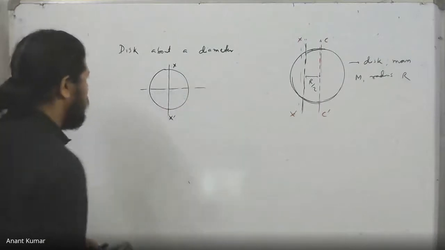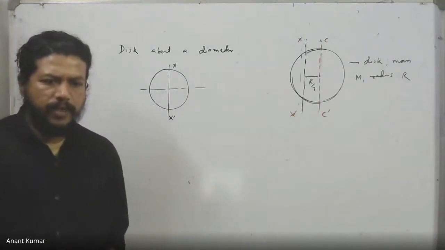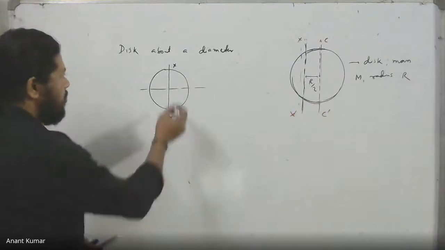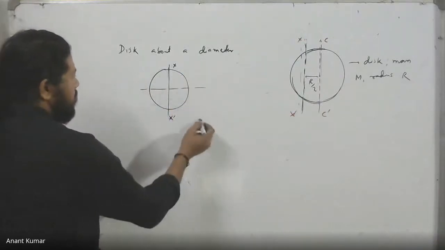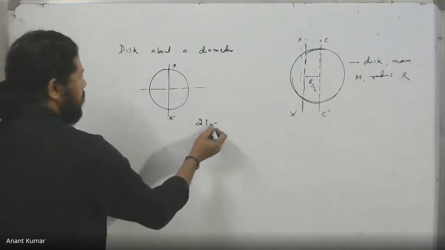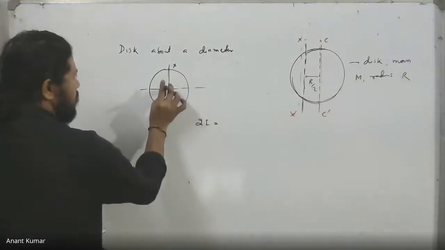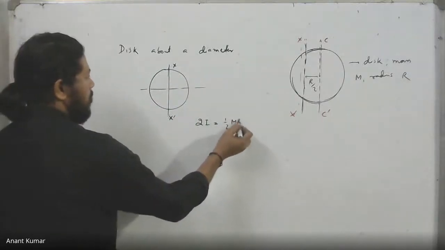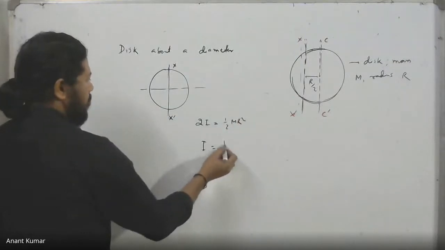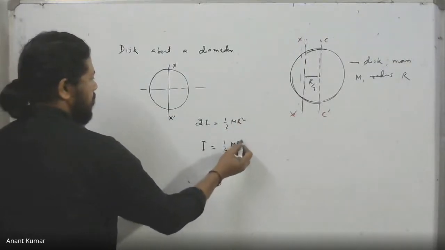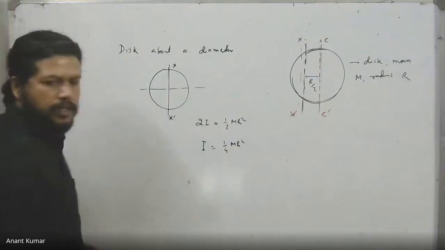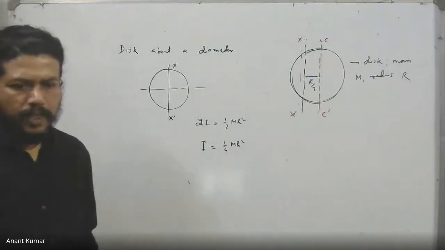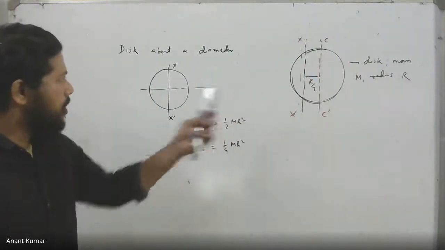So about the perpendicular diameter as well, it will be the same moment of inertia I. So I can just add the moment of inertia about this axis and this axis to get 2I. But this must be the moment of inertia about the central axis perpendicular to the disk, which will be nothing but half M R square. That gives us I equal to 1 by 4 M R square. That becomes the moment of inertia for a disk about a diameter. You can use this result over there.